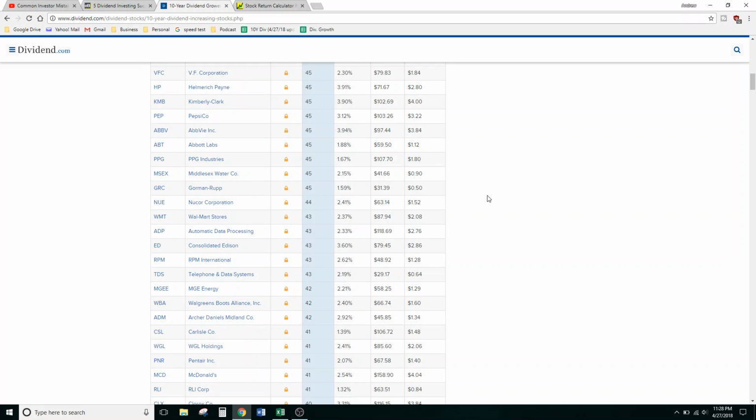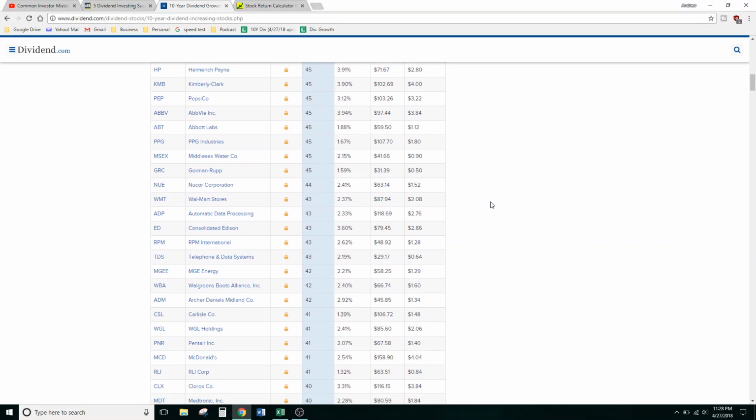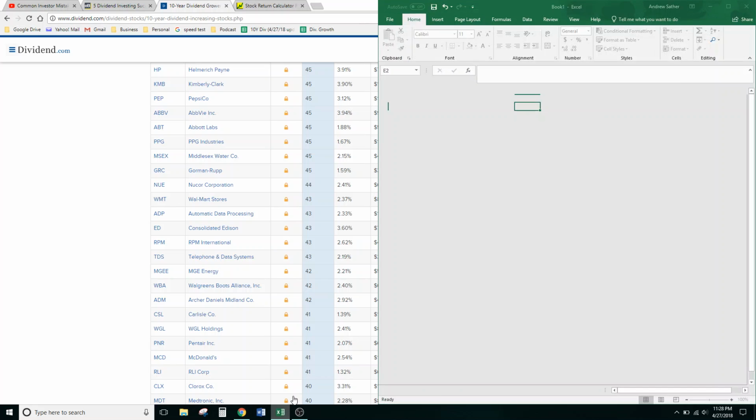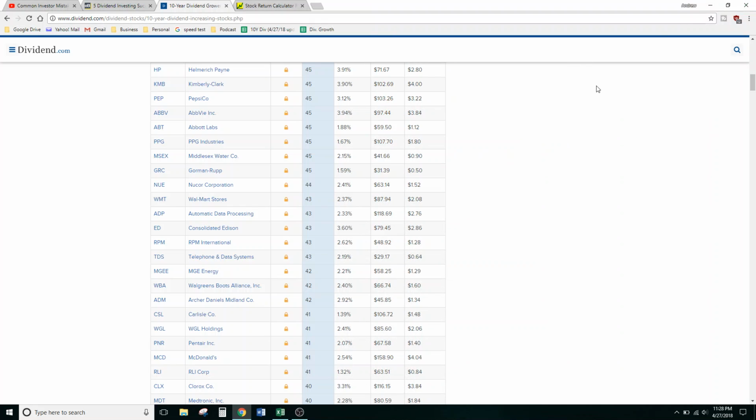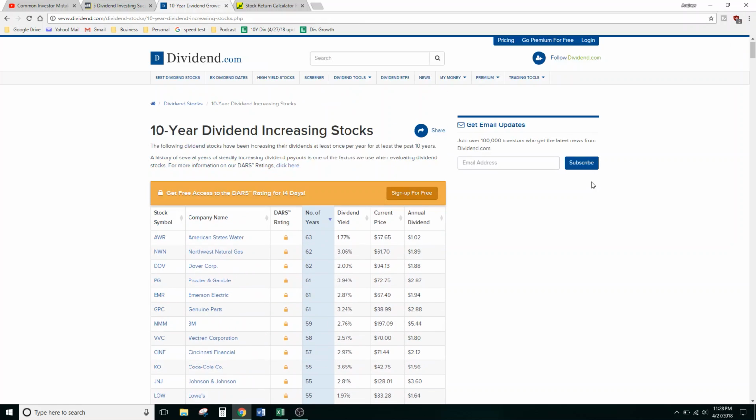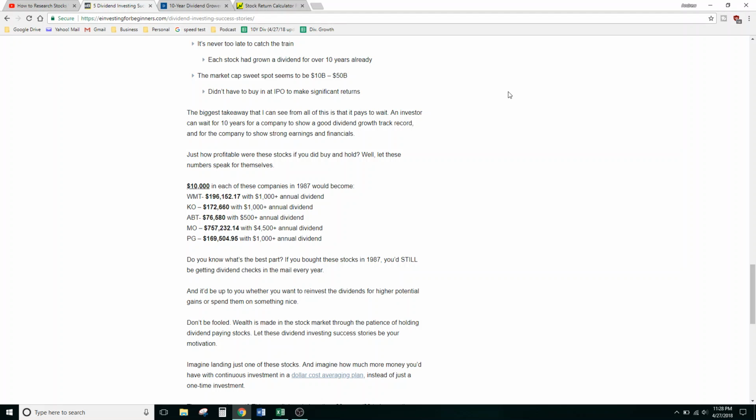So, that's why we want to find these up and coming stocks that are going to hopefully be able to continue that. And using the payout ratio like we did here is one great way to help, not guarantee, but help your chances that the stock's going to be one of those. Some of the other stuff we'll cover in later tutorials will also help with that.